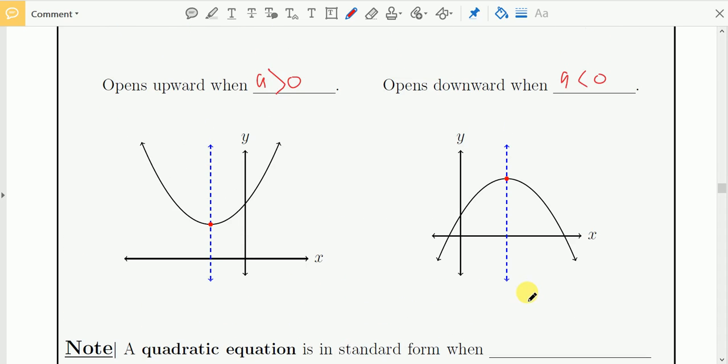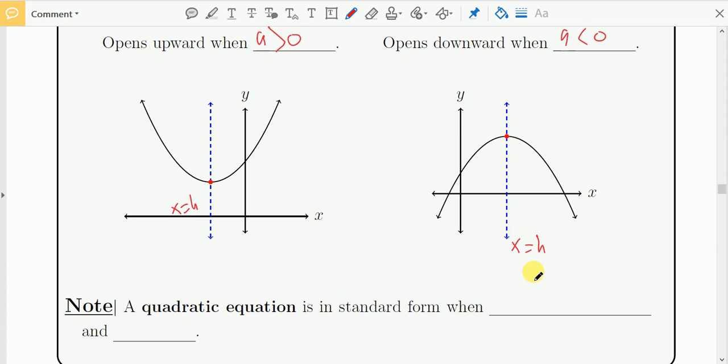And again, this axis of symmetry is called x equals h, because this is the x coordinate of h units. The same thing here, this is x equals h. And make a note that a quadratic equation is in standard form when you can write ax squared plus bx plus c equal to 0, and make sure that a is non-zero.